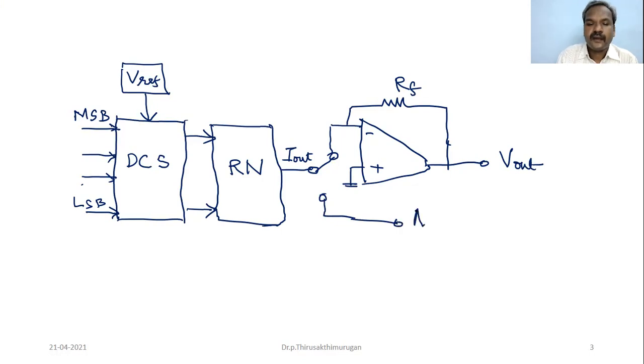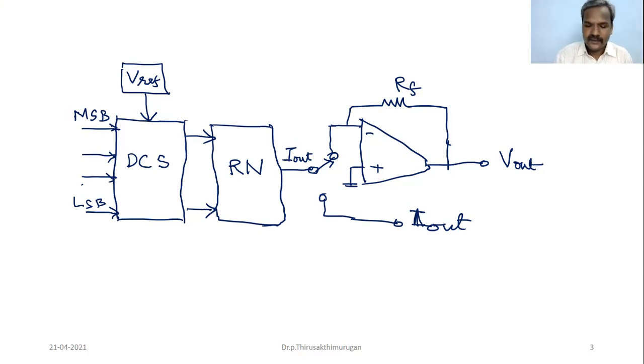If we shift the switch to here, we can measure the current output by connecting an ammeter between the output pin and the input of the operational amplifier. So this is the major components of a DAC, digital to analog converter. Very important components are these four only.